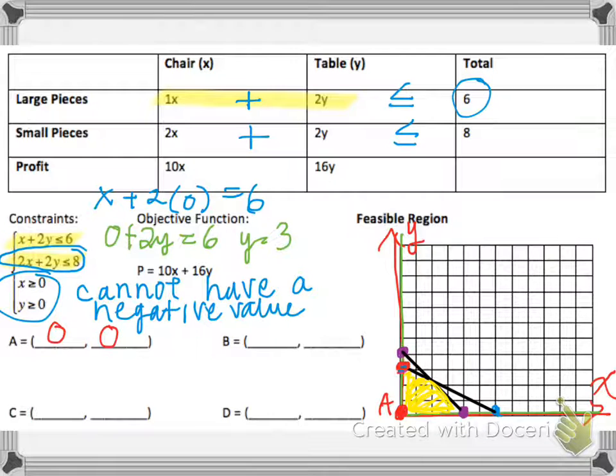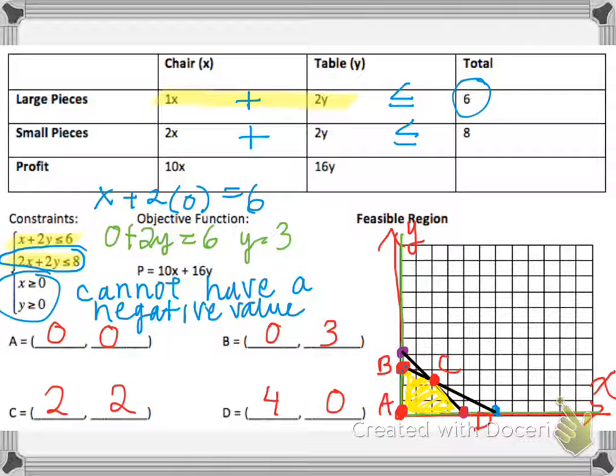Then I'll come up to that point right there, call that B. That is the point 0, 3. Where those 2 lines intersect is the point 2, 2. So I'm calling C 2, 2. Lastly, I'll have D, 4, 0.